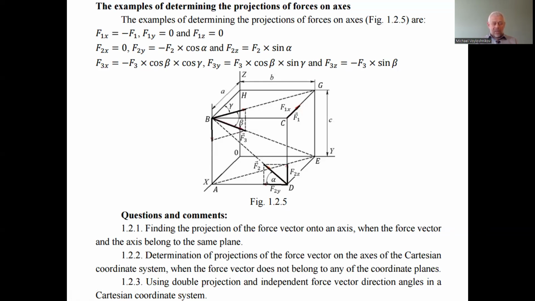So we can do a mathematical transformation and find only two angles to reduce the number of variables. This is useful for calculations and for researching issues of statics, to simplify force systems and to define the balance state of the mechanical system.